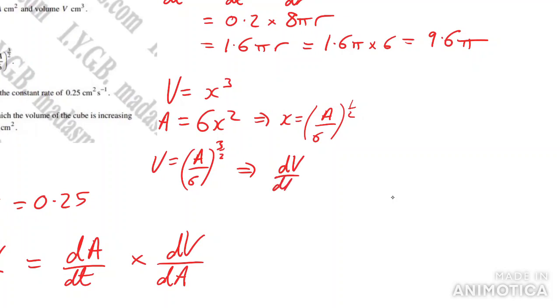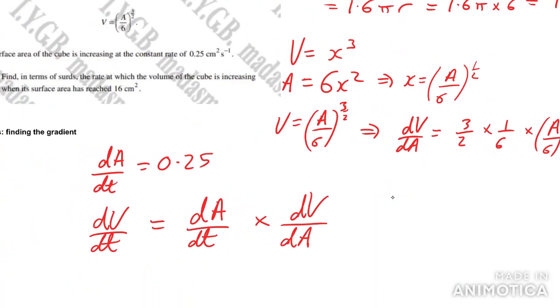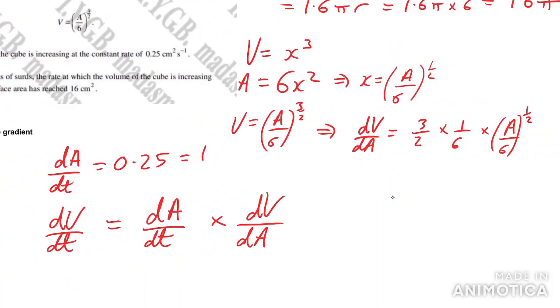So we can say dV/dA is going to be 3/2 times 1/6 times (A/6)^(1/2). And we know that dA/dt is 1/4.